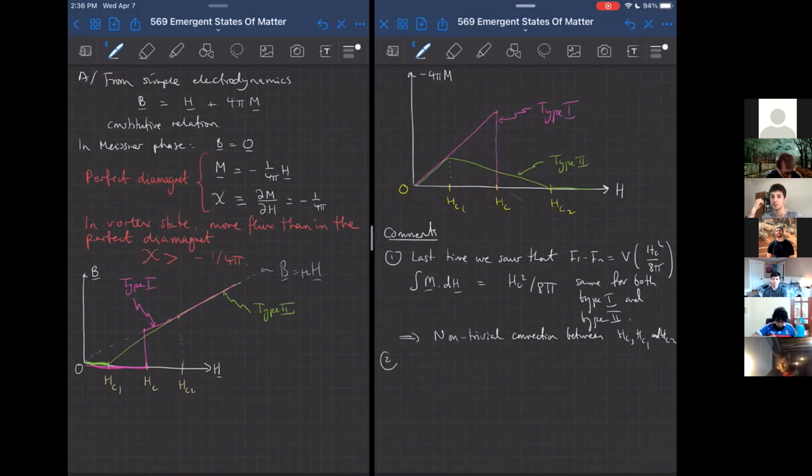Second thing I wanted to comment on is that the question of whether you have superconductivity in the vortex state depends on whether or not the flux lines can move. So think about this, you've got Faraday's law.